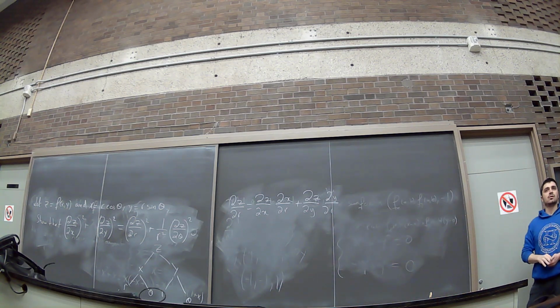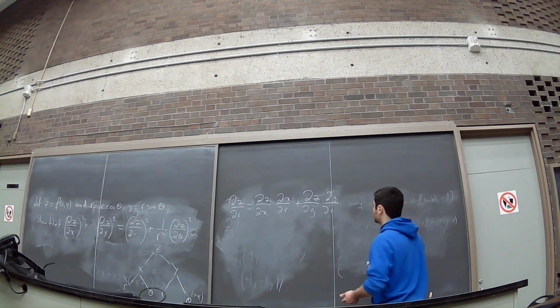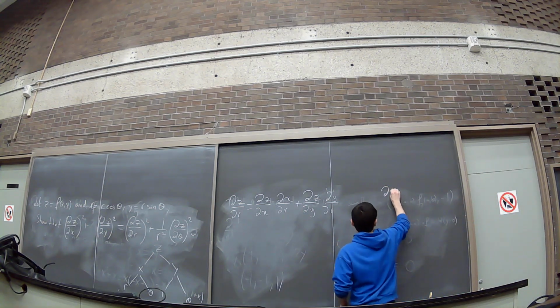Now, what is del x del r? Who can help me? Del x del r is equal to what? This should be easy, right? Yes, sir. Differentiating with respect to r, so just cosine theta. Exactly. Del x del r is cos theta.